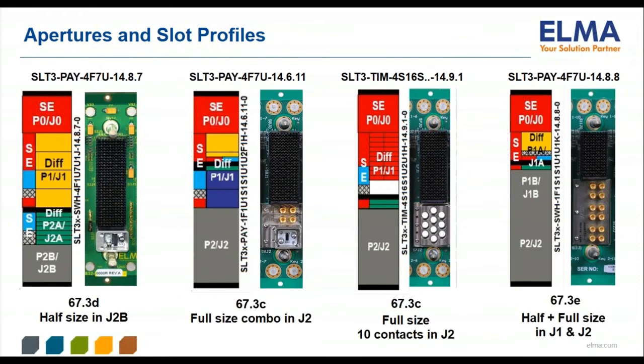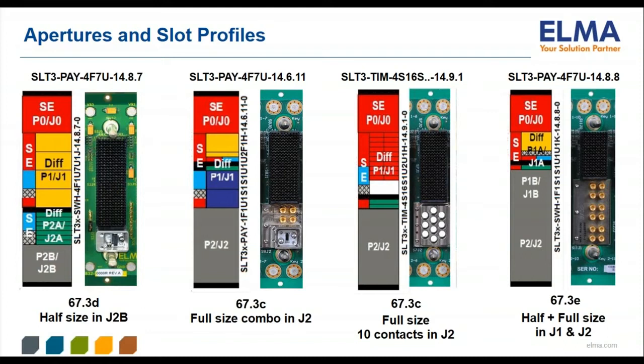Four sets of slot profile images are illustrated here. The slot profile illustration is shown next to a photographic image of an actual backplane slot. Working from left to right, the first pair of images shows a VITA 14.8.7 slot profile, which contains a half-size VITA 67.3D aperture.